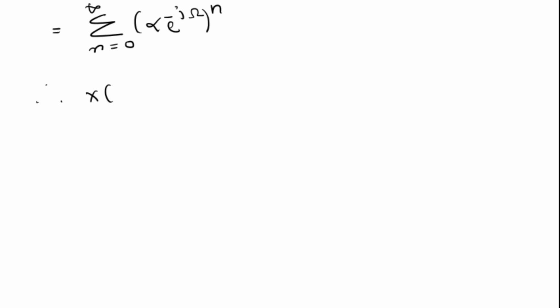Therefore, X of e power j omega is equal to 1 divided by 1 minus alpha into e power minus j omega.